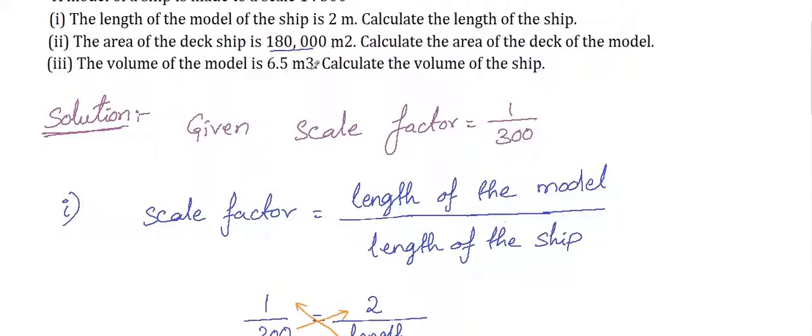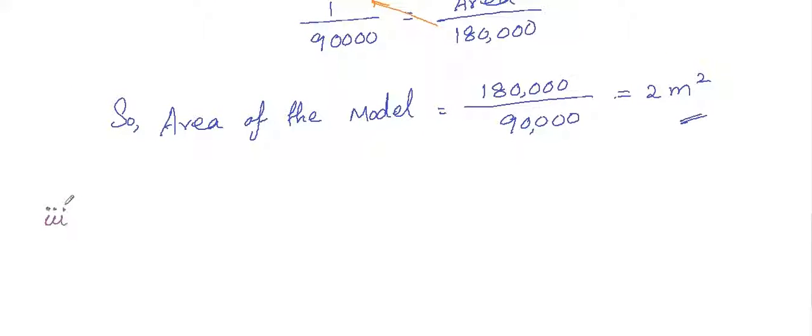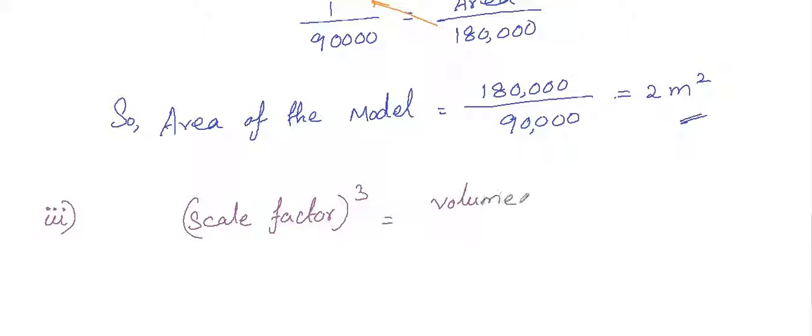So let's move to the final part of the question. The volume of the model is given, which is 6.5 meter cube. We need to find the volume of the ship. So scale factor whole cube equals volume of the model divided by volume of the ship.